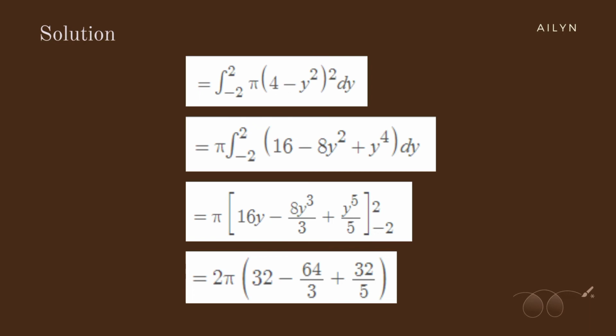By substituting negative 2 and positive 2 into 16y minus 8y cubed over 3 plus y to the 5th over 5, we get pi times 16 times 2 minus 8 times 2 to the 3rd over 3 plus 2 to the 5th over 5 minus pi times 16 times negative 2 minus 8 times negative 2 to the 3rd over 3 plus negative 2 to the 5th over 5.